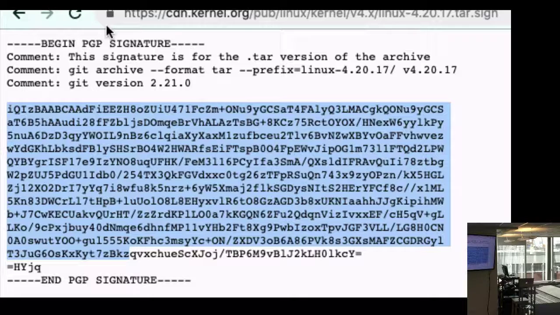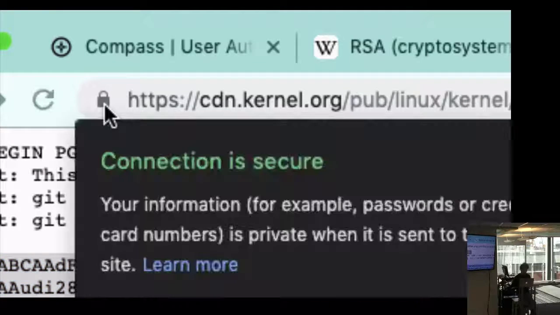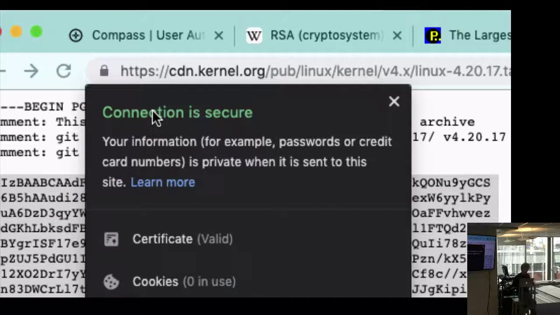So in this case, we've figured out how to have communication that is assured. It's certified that this message is coming from this person. So Bob can be sure that the message is coming from here. This is part of why when you look at a website, you see the little lock icon, and it says the connection is secure.